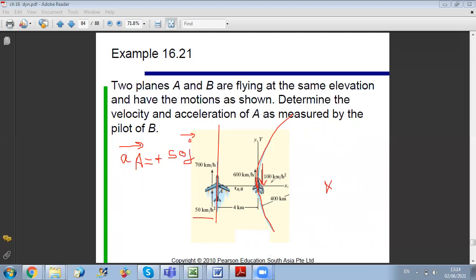At this position, normal component, which is perpendicular to the velocity along the radius, is along I. So I can write that AB vector can be decomposed into AB tangential plus AB normal. So I will add the components. For the tangential component, it's along minus J. So we have minus 100 J.